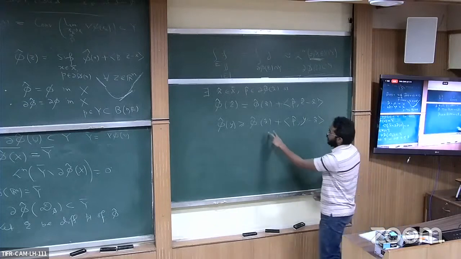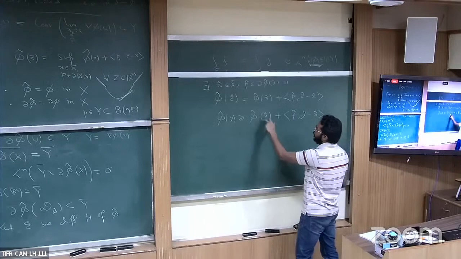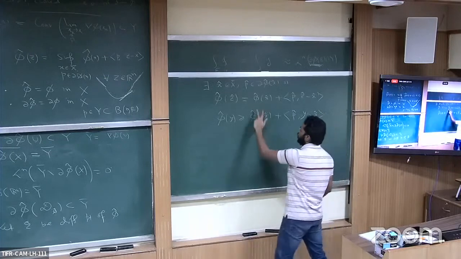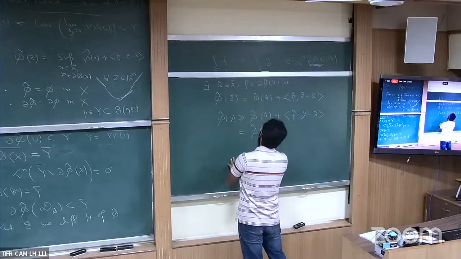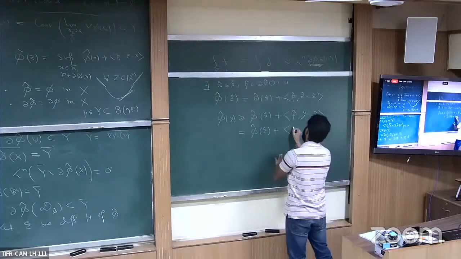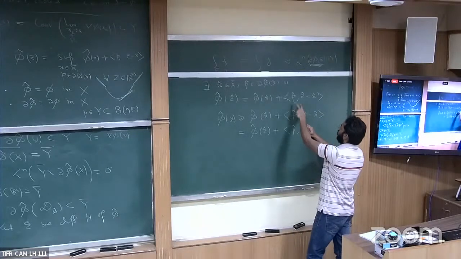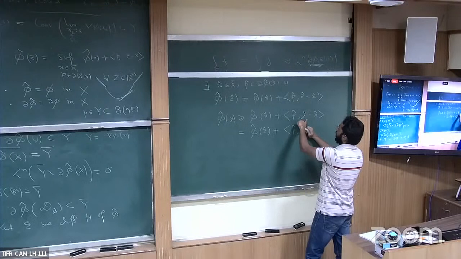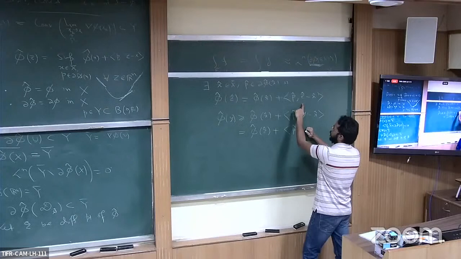Okay, so if I replace my p hat from this equation, what we get is phi hat of y is at least phi hat of z hat plus p hat times (y minus z hat).